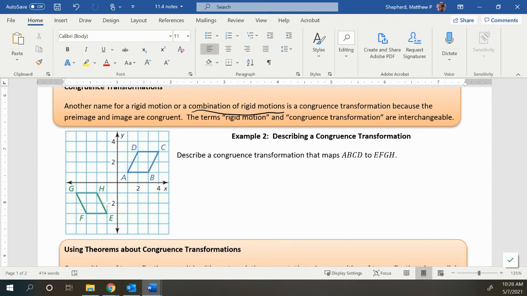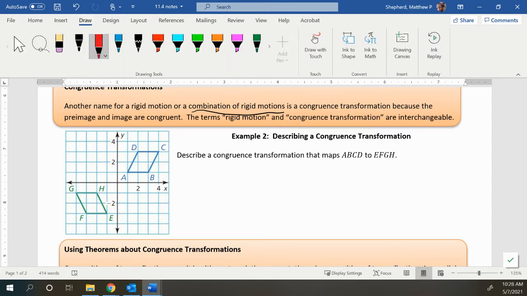But what we're going to do in this problem is identify what combination of transformations could take us from A, B, C, D to E, F, G, H. So first thing, now there is more than one answer. I am going to propose one specific one, but this is by far not the only way to do it.